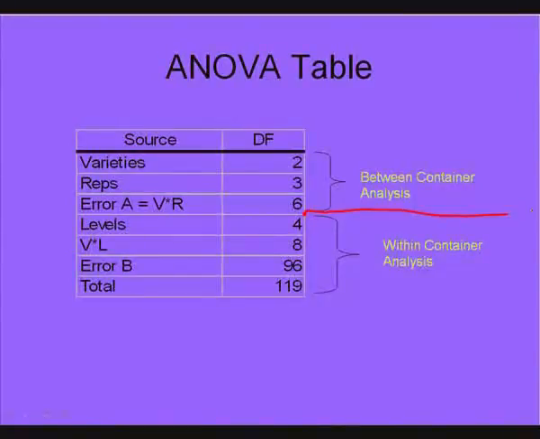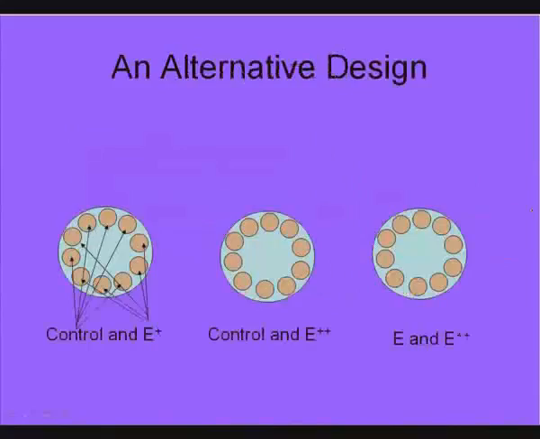So I suggested that he use an alternative design, a balanced incomplete block design. Take one of his coffee cans and put both the control and E+ in it, take another one, put the control and E++ in it, and a third one, put the E+ and the E++ in it.